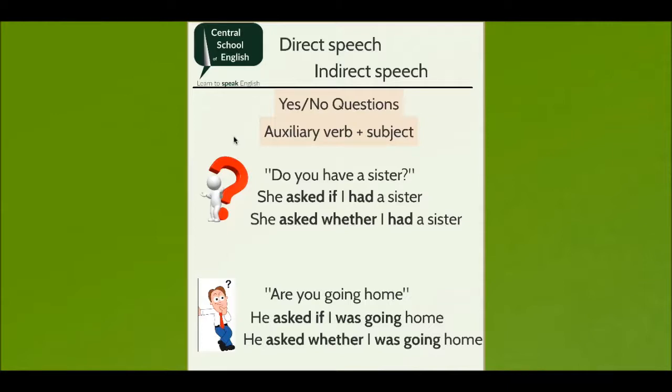For example, "Do you have a sister?" changes to "she asked if I had a sister," or "she asked whether I had a sister." "Are you going home?" changes to "he asked if I was going home," or "he asked whether I was going home."